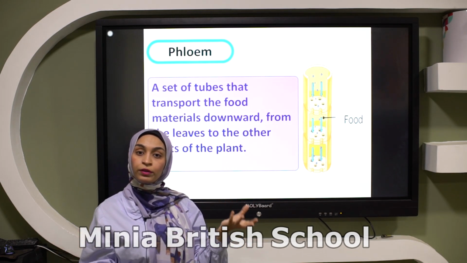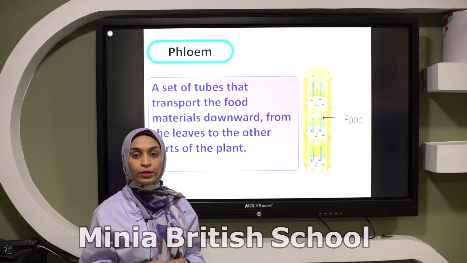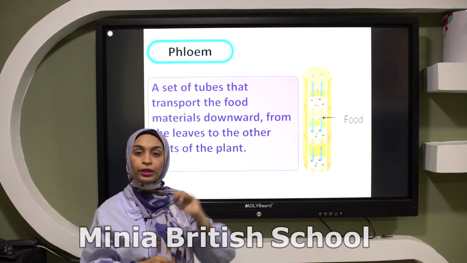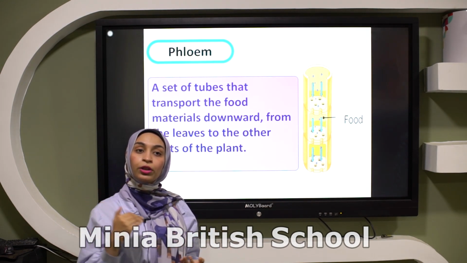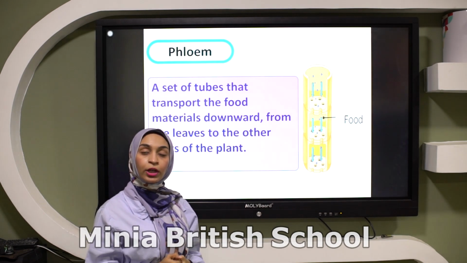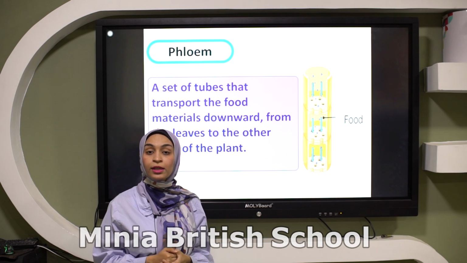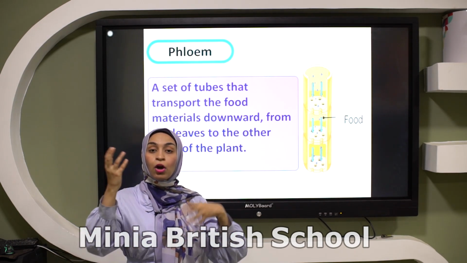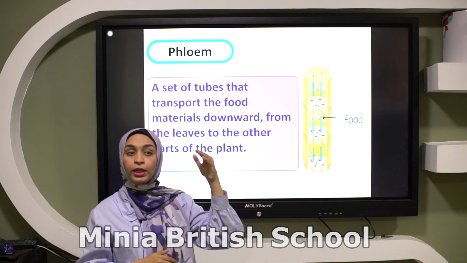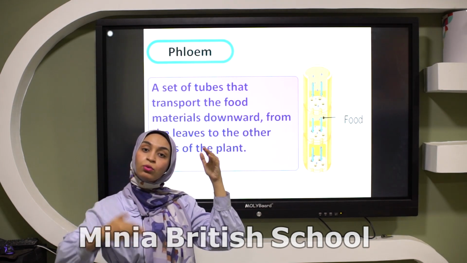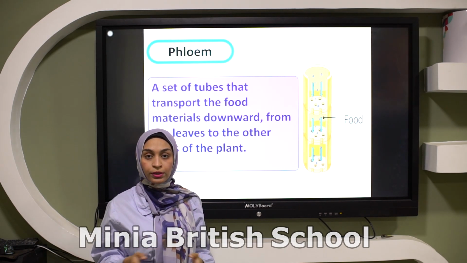Xylem are very thin vessels carrying the water and the mineral salt from the roots to the leaves, while the phloem are wide vessels carrying the food after making it inside the leaves downward to the other parts of the plant. So we can say that xylem and phloem are opposites. One of them carries water and mineral salt upward against gravity, and the other carries food downward to the other parts of the plant under the effect of gravity.